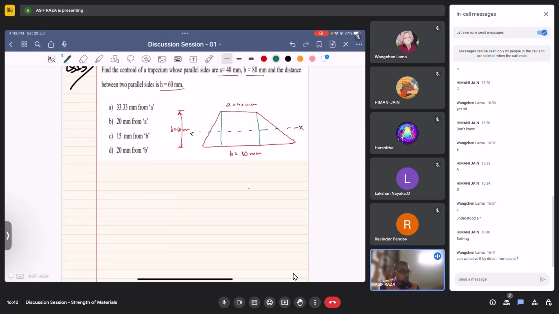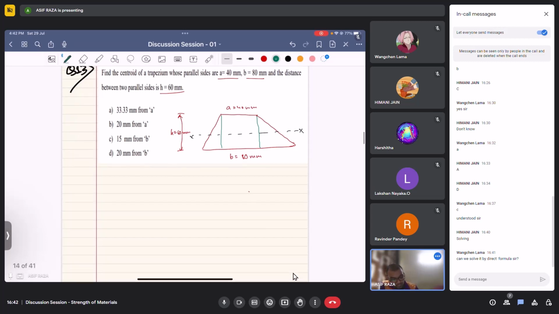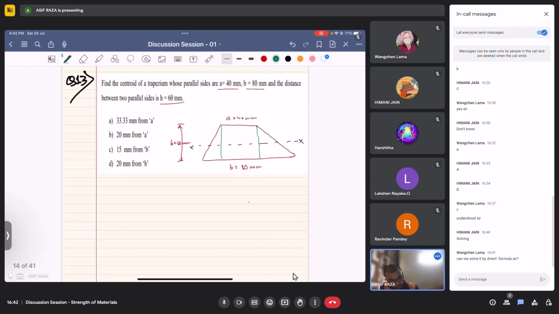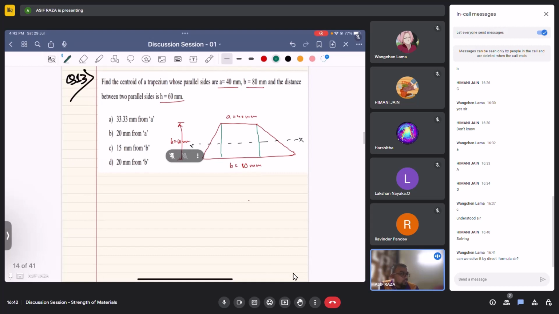While Himani is solving, or maybe others also are solving, I'll also solve for you all. So I have divided this trapezium into three sections. Let's say this is A1, this is A2, and this is A3. A1 is a right angle triangle, A2 is a rectangle, and A3 is also a triangle.